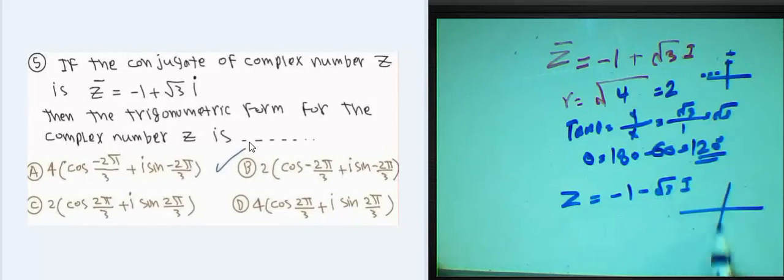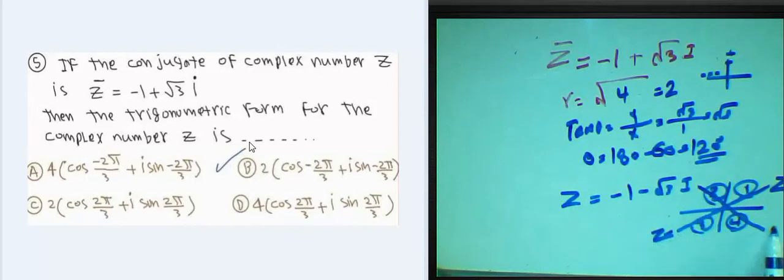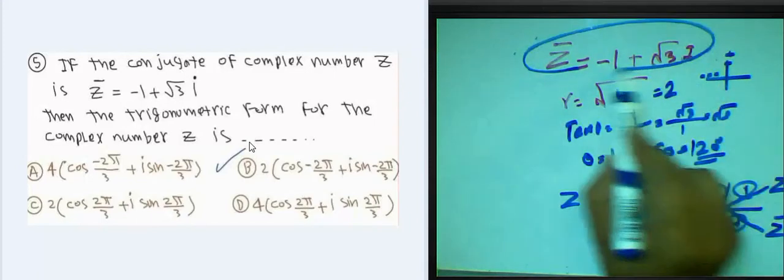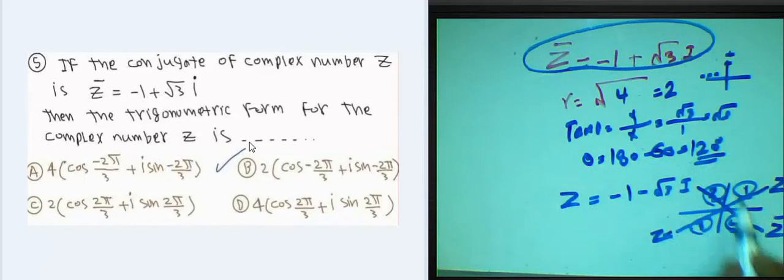If we draw the relation between the first and second and third and fourth quadrants, if we have here z, it will be negative z, and here it will be z bar. Then the angle of z bar, the conjugate, will be 120 degrees.